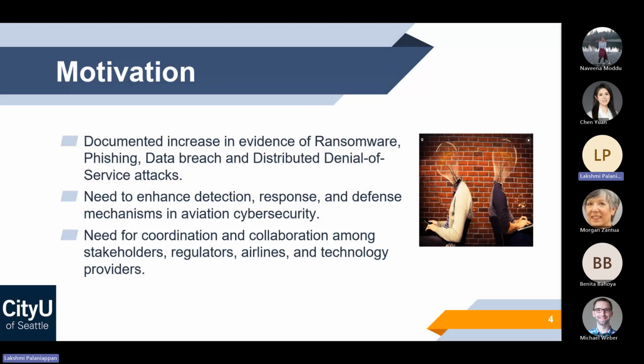In this talk, we are going to see a lot of examples on various cybersecurity vulnerability attacks that are very common to the aviation industry. If an attack were to happen, what defense mechanisms are in place and how can it be improved for the future? Due to hyper-connected and integrated aviation infrastructure, there is a great need for coordination and collaboration among stakeholders, regulators, airlines, and technology providers.